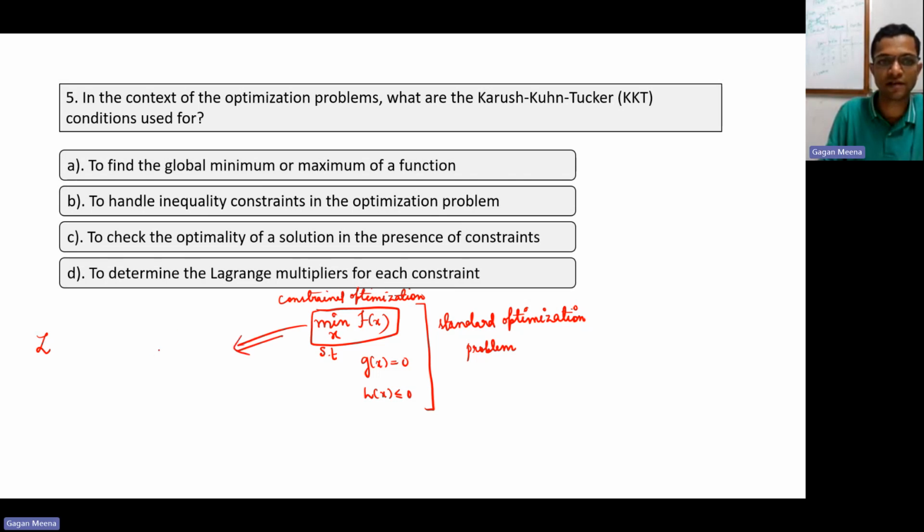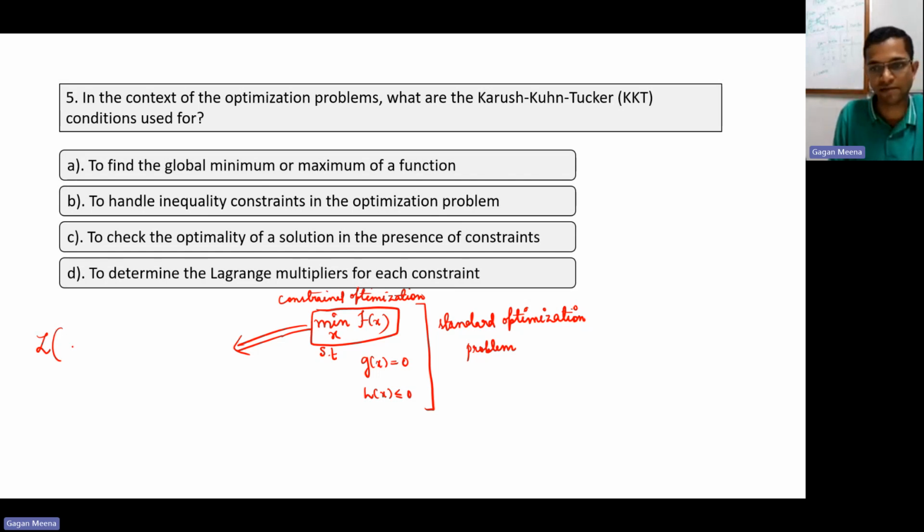Simply, this is unconstrained if we have only this part. When we have these constraints also included in the problem, then it becomes a constrained optimization problem, and we can convert this constrained optimization problem into an unconstrained optimization problem using the Lagrange multiplier.